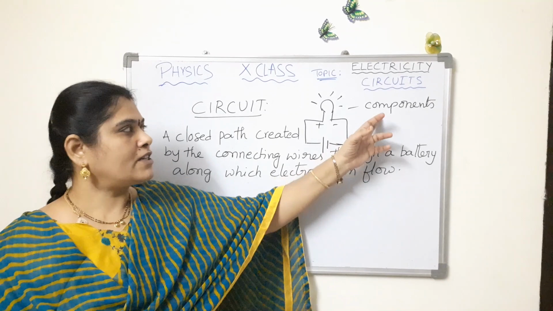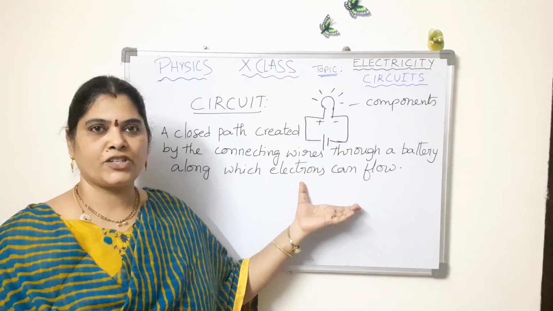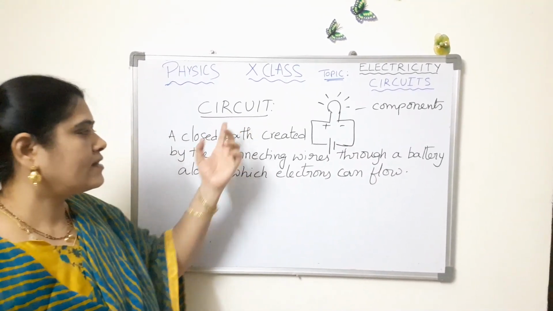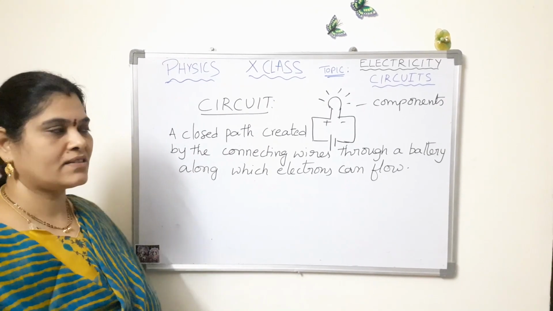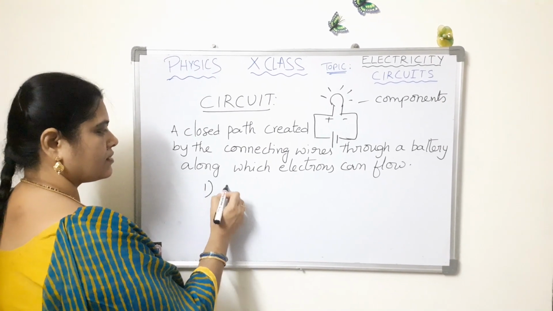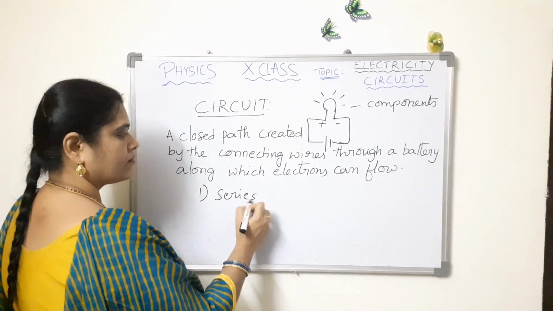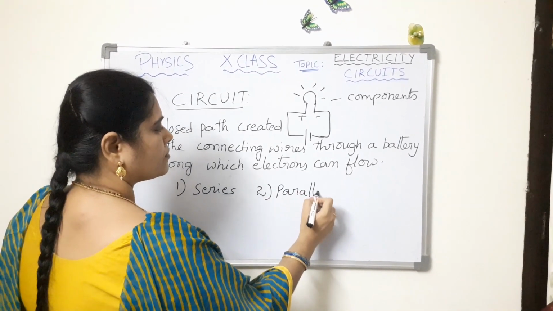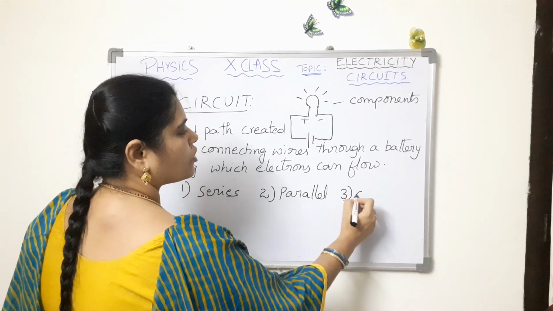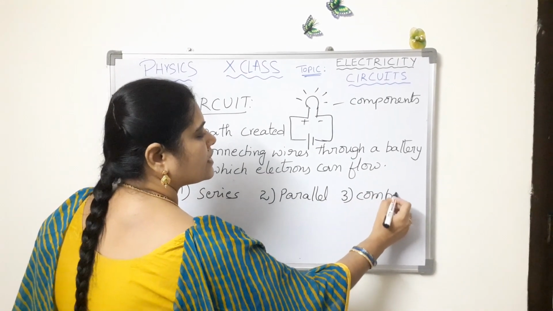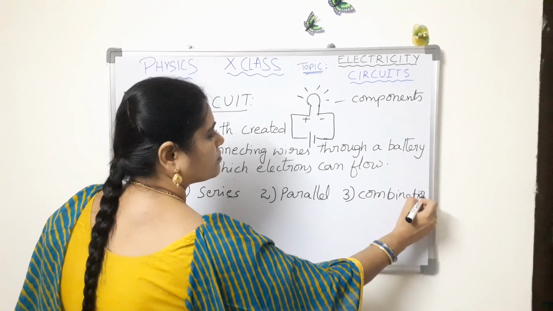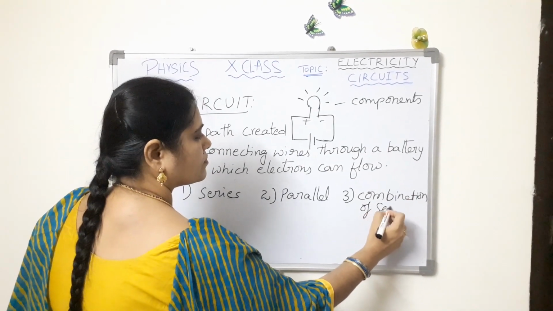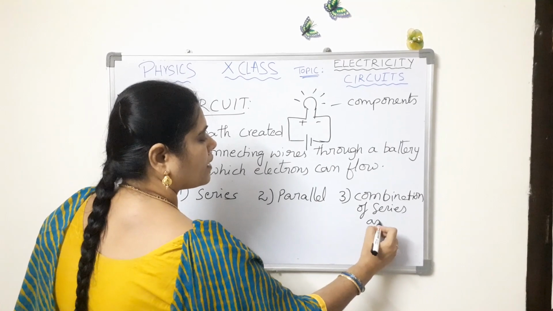Using these components, we can make so many connections. Generally, there are three types of connections. One is series connection. Second is parallel connection. And third is the combination of series and parallel connection.